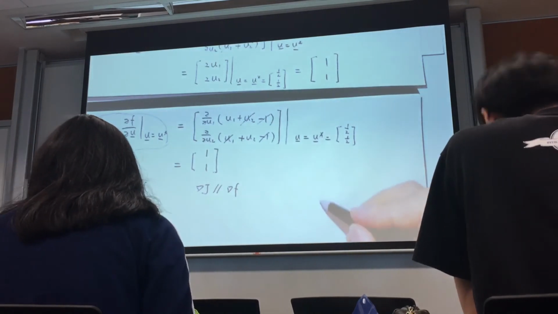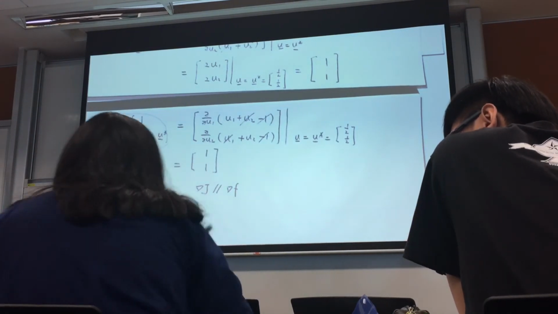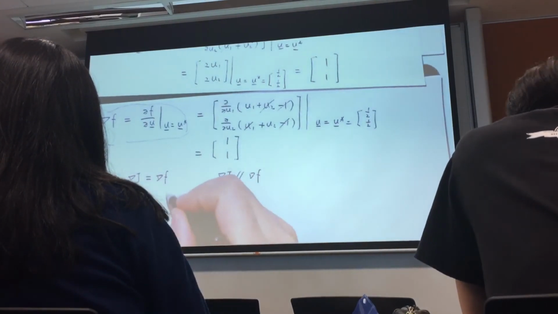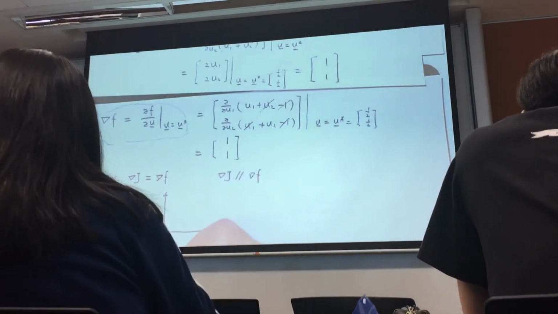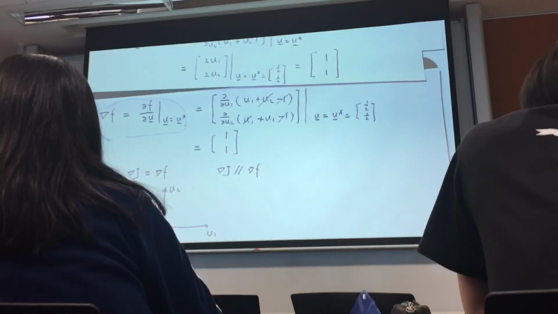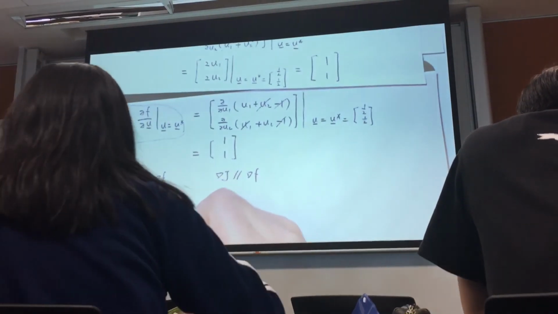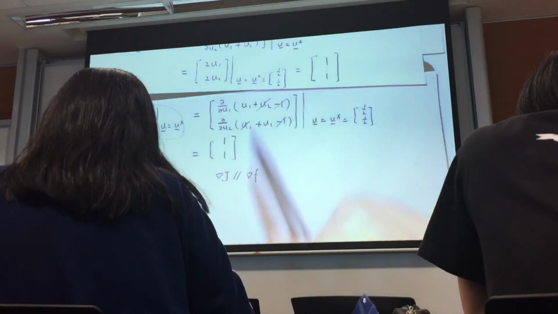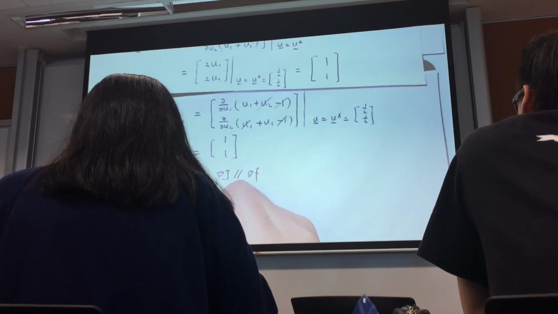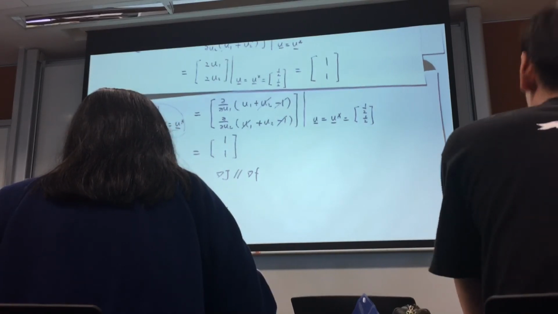We can illustrate the idea in the two-dimensional space. If we have u1 and u2, I just replot the vector, 1, 1, like here.